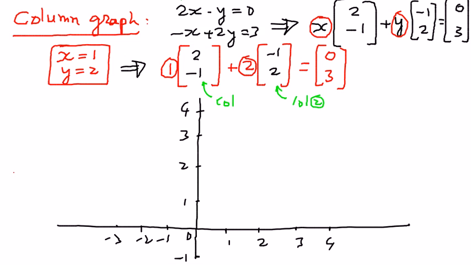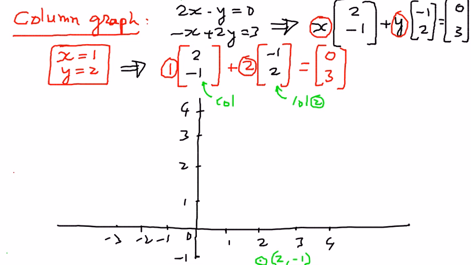Column 1, I have 2, negative 1. That means I'm going to go 2 units on the positive x-axis and 1 unit down. When we do that, that is the point, that is where we want to be. This is going to be 2, negative 1, like that.